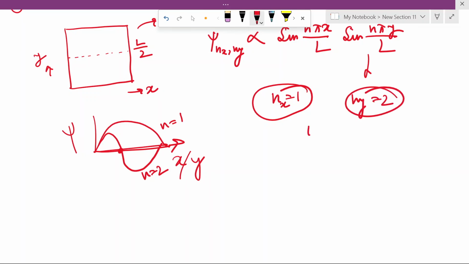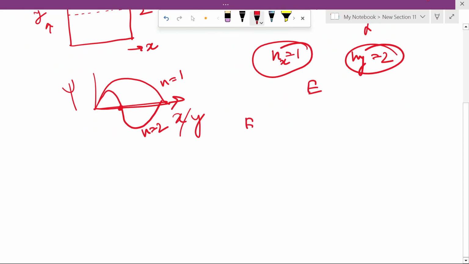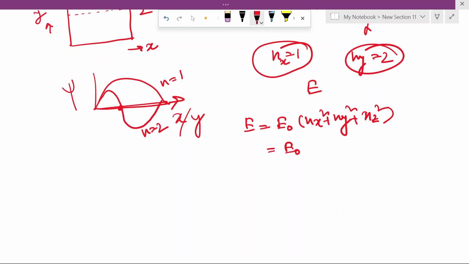The corresponding energy has been given as E. And you know that E is proportional to some constant, say E naught, into nx square plus ny square plus nz square. Sorry, it is a 2-dimension case, so there will be no nz. So it is 1 squared plus 2 squared, so it is 5 E naught.